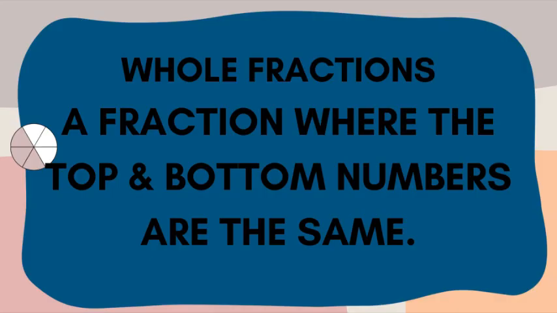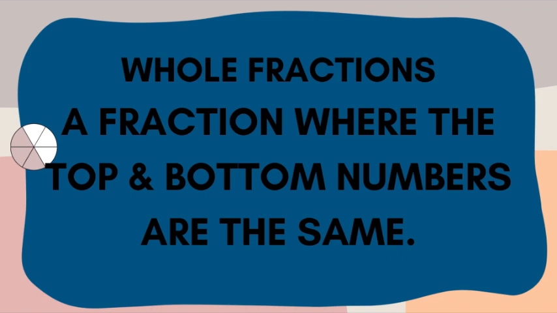Let's move on to whole fractions. A fraction where the top and bottom numbers are the same will equal 1. This is because the fraction represents every part of the whole.